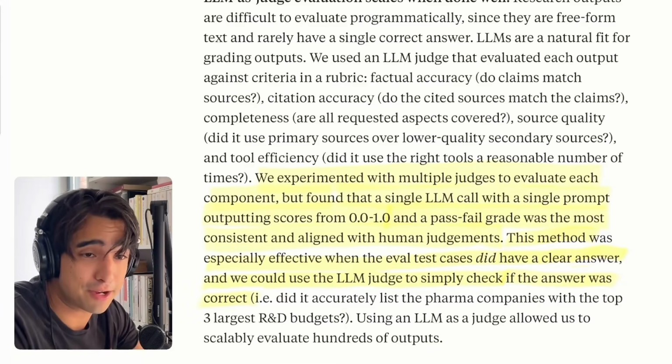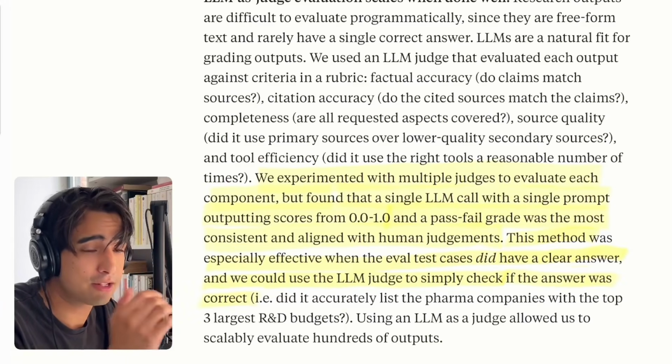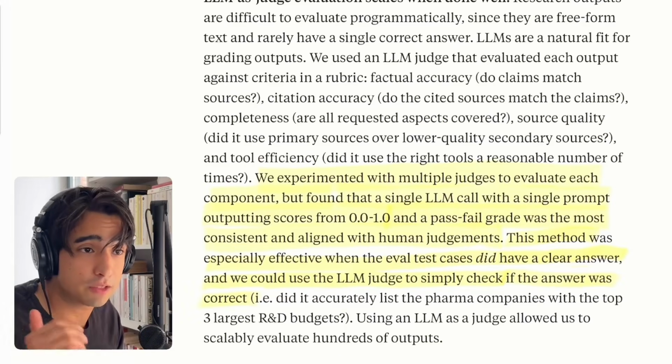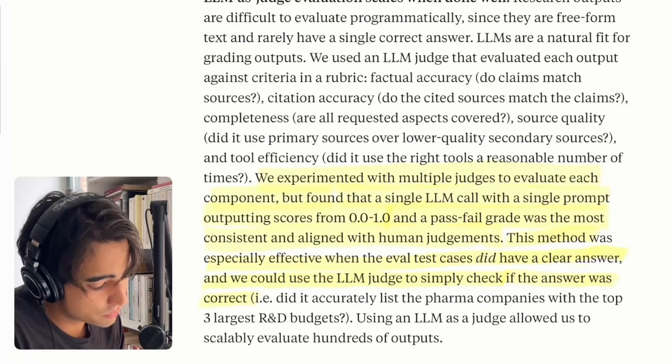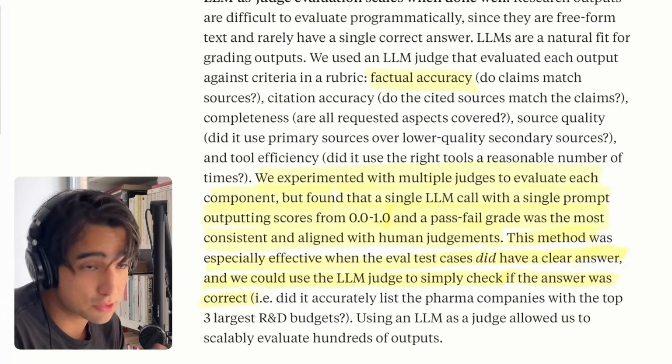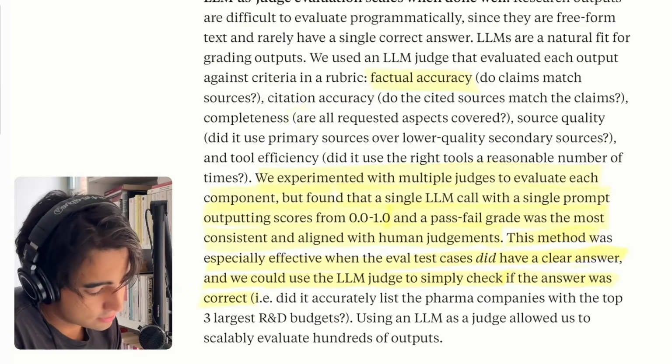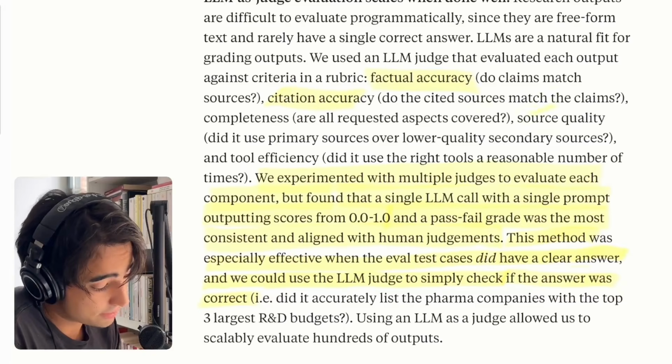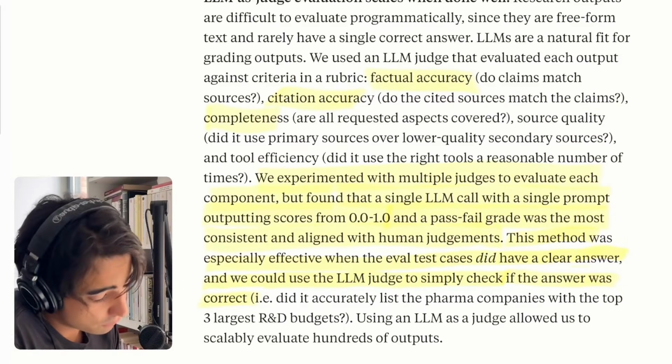They did this by defining a very clear set, like a grid, of things that it had to evaluate from 0 to 1. So it would evaluate things like factual accuracy: is this information correct? Citation accuracy: do the cited resources match the claims? The completeness: are all the required aspects from the task covered? Are the sources correct?